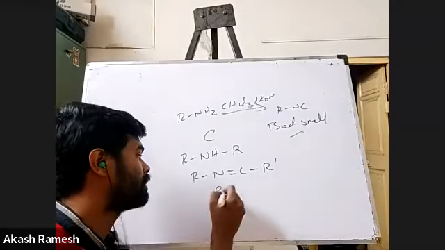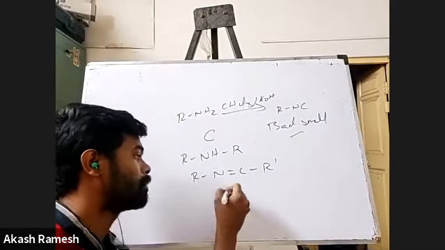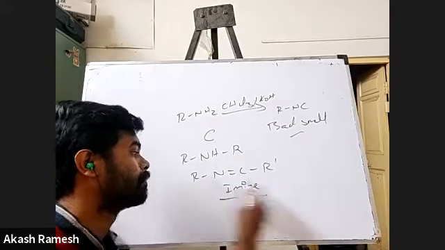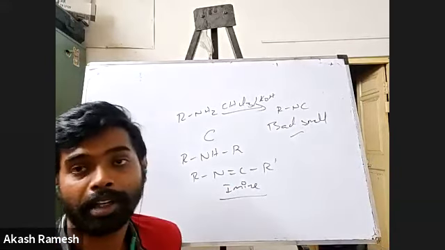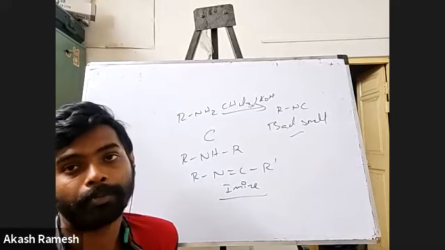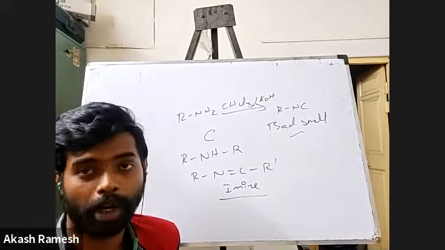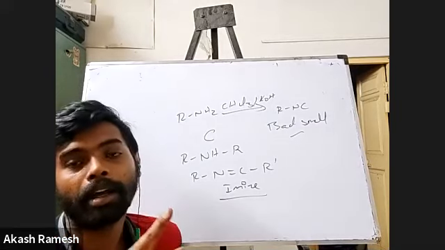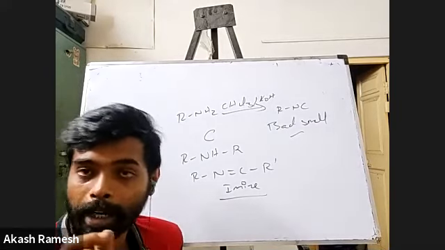These are what are called enamines, or actually in this specific case it's called imine. When you have N double bond C or C double bond N, it's called imine. Imines are not going to have any bad smell. So what you have to understand is you are basically giving a carbon atom to the nitrogen.